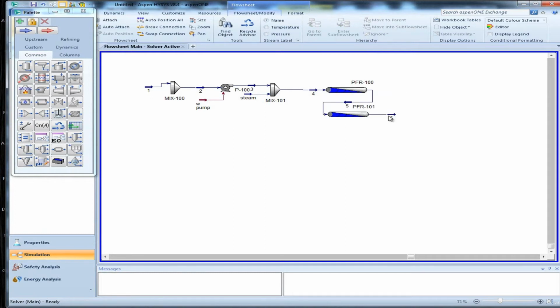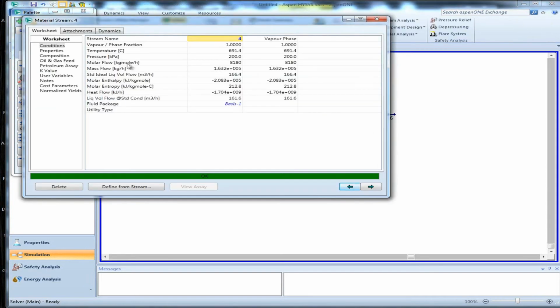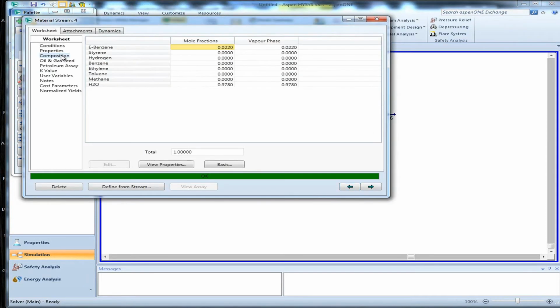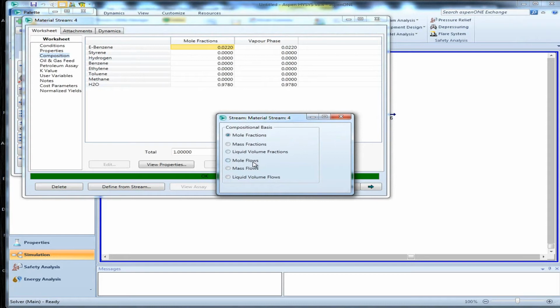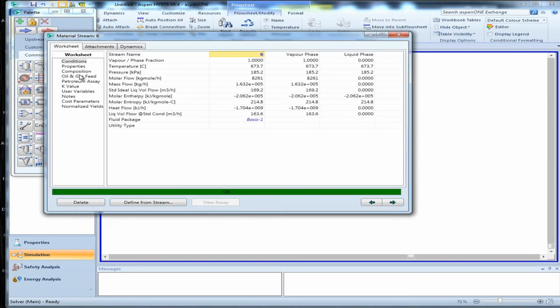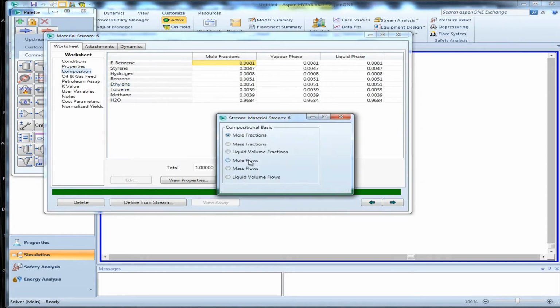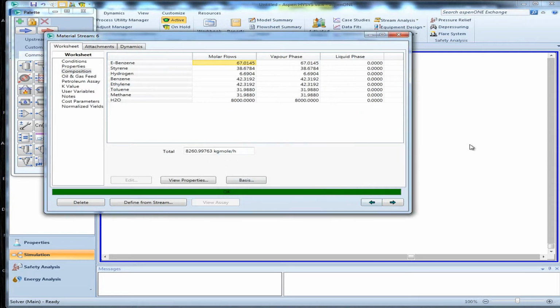Now I'll compare number 4 to number 6 based on ethylbenzene. The ethylbenzene feed into the system is how many moles? 180. So what you get here is 67 moles.